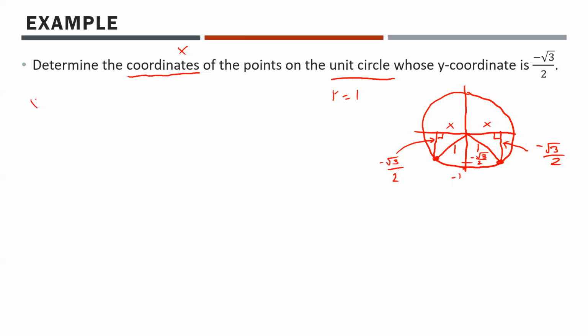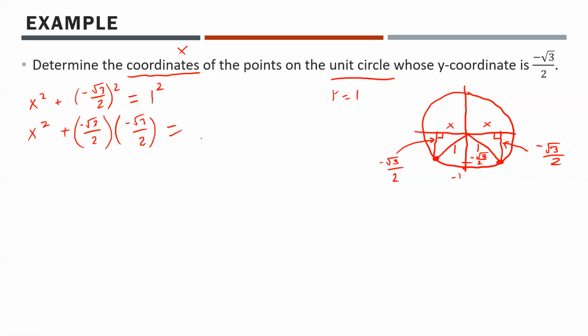So I could say x squared plus y squared, which is (-√3/2) squared, is equal to the hypotenuse, or in other words, our radius, 1 squared. If we start working this out, you're going to see that x squared plus (-√3/2) squared is -√3/2 times -√3/2. I'll write that out actually just so it's a little bit more clear. -√3/2 times -√3/2.